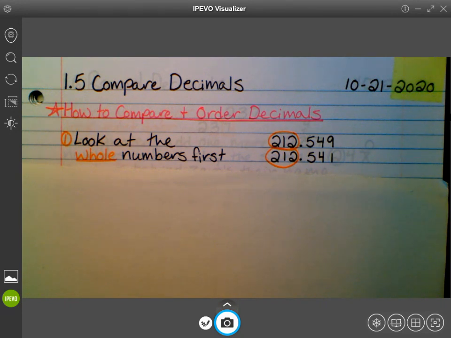So the first step when we are comparing decimals or need to order them, we look at the whole numbers first. Anything to the left of the decimal. It's not just the ones place, it's anything to the left of the decimal.